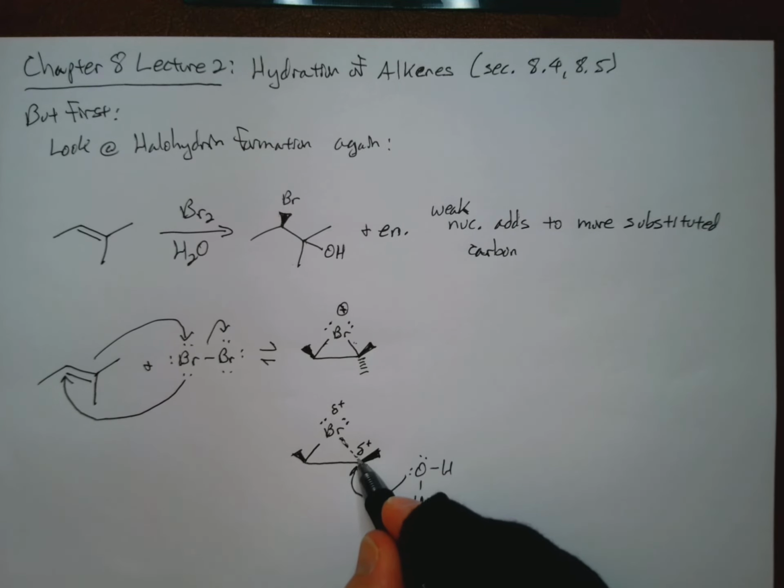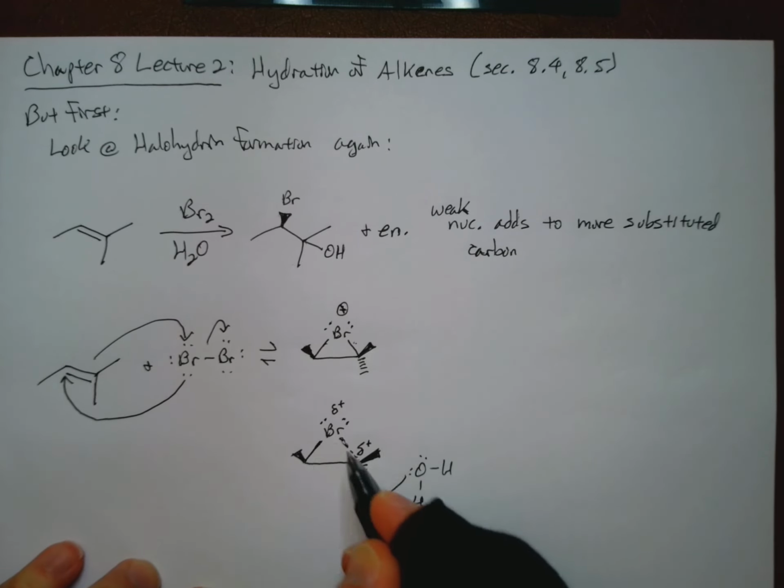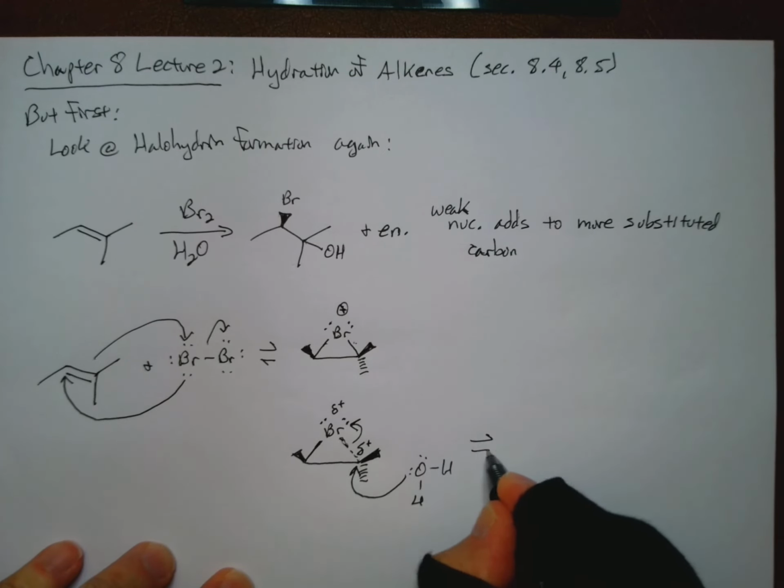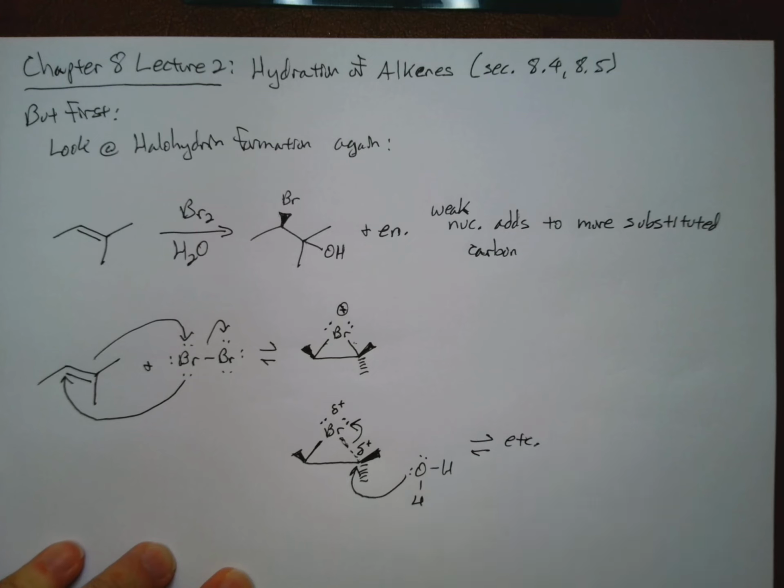Why does it have more of a positive charge? Well, it's more substituted, so it stabilizes that positive charge better. And those electrons can go up there, etc. Okay, so I did want to talk about that because we have to think about this.